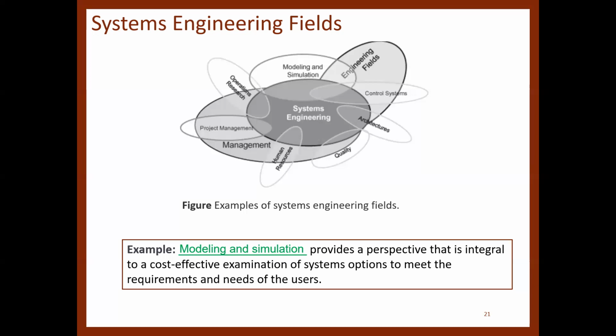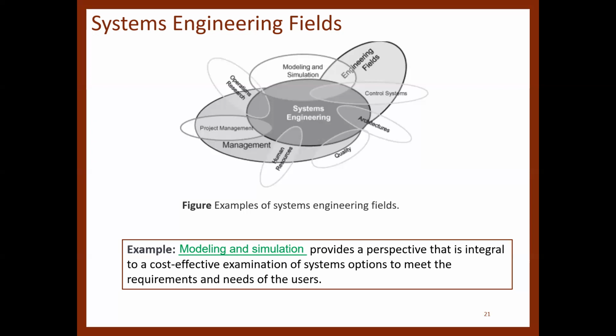You don't have to build a testing environment for that real system, which is very expensive. So you can perform all that analysis in the computer. So that's why it's a cost-effective examination of system options to meet the requirements and needs of the users.